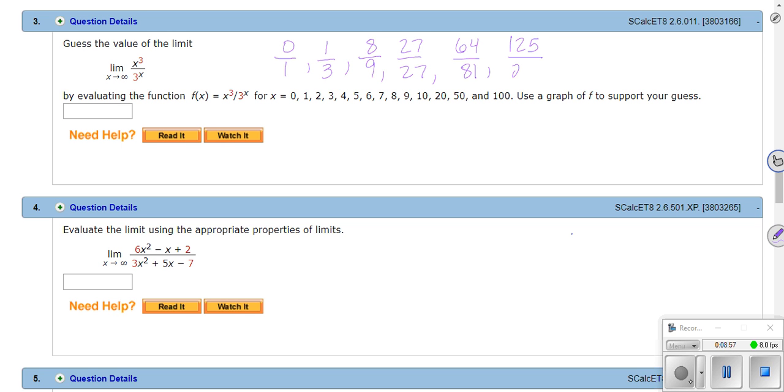If you notice a pattern here, or kind of what it's headed toward, okay, I kind of stopped there. Here we go: 0, a little over 0, closer to 1, equals 1, and then we start dropping down as we go bigger.